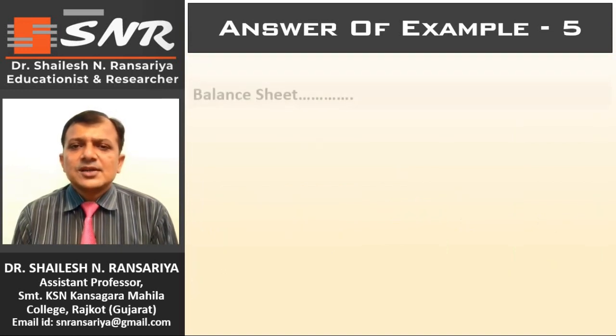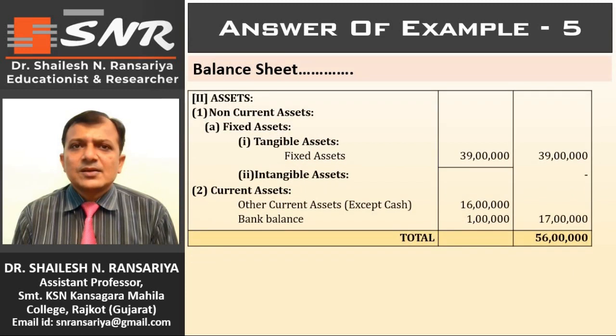Next, the asset side. In the asset side, first non-current assets, under that fixed assets, again under that tangible assets. Only one tangible asset is given, fixed assets, rupees 39 lakhs. Intangible assets are not given, so it is dash.